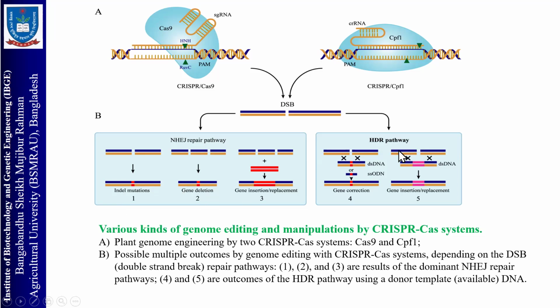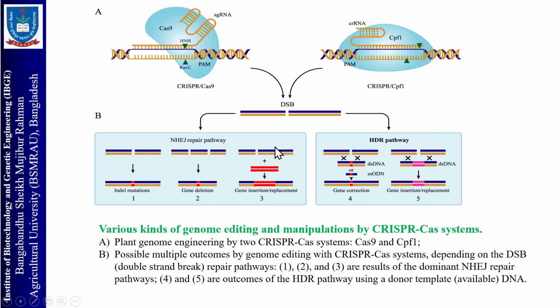On the other hand, in the HDR pathway, transgenesis, gene correction, or gene insertion or replacement can be possible. HDR is a bit complicated, and due to the restriction of the practical application, this process is slowly progressing.